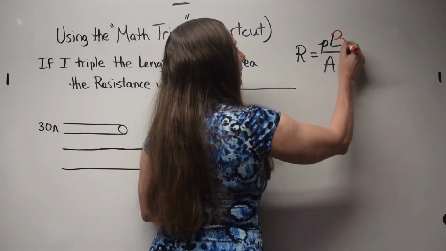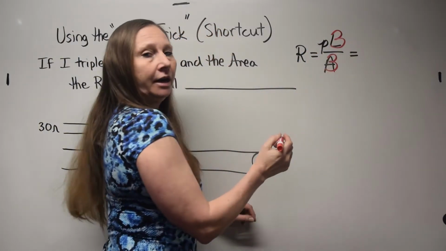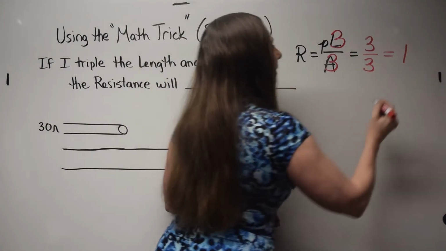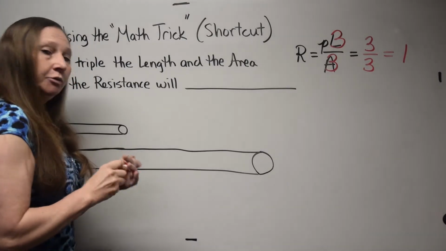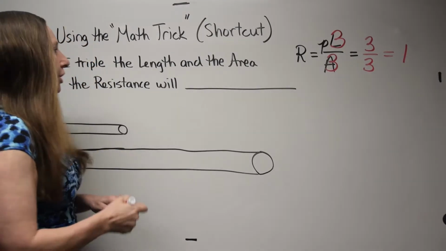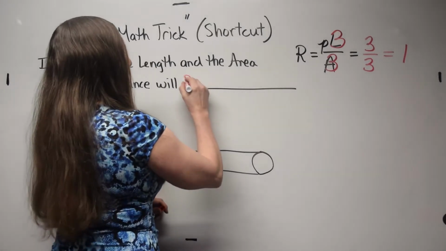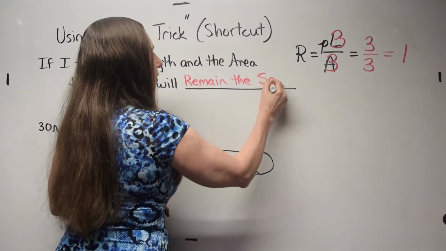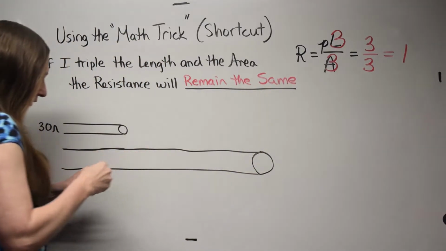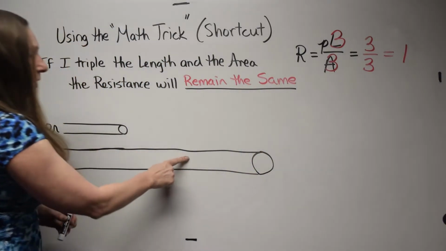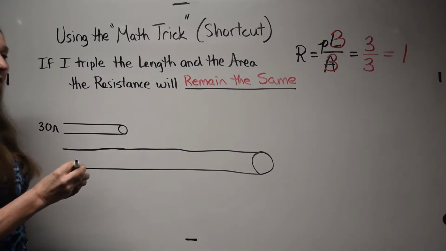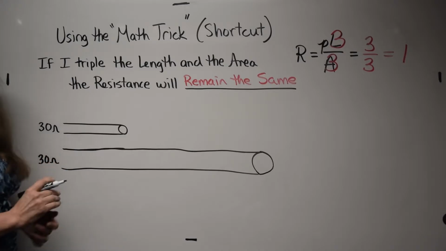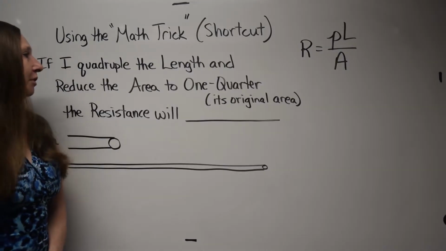If I triple the length and triple the area, that's going to be 3 over 3. That's going to be 1. In other words, the resistance did not change. The resistance will remain the same. In other words, the resistance of this piece of wire with triple the length and triple the area is still 30 ohms.